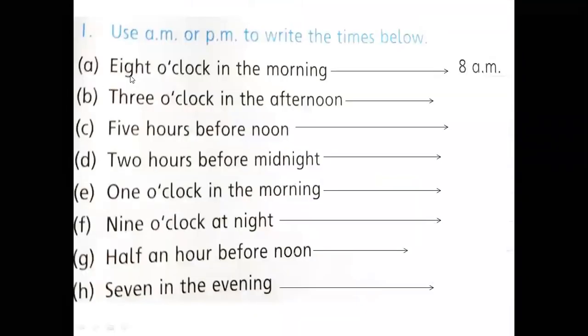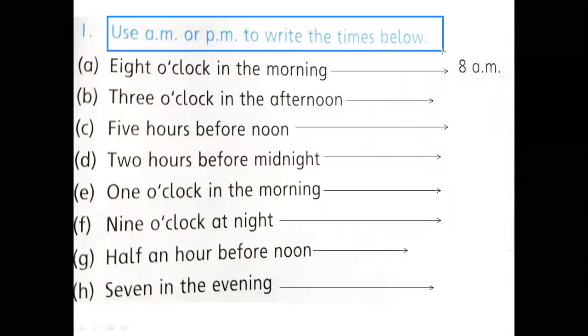Dear students, question 1 is: use AM or PM to write the times below. AM means morning time and PM means evening time.